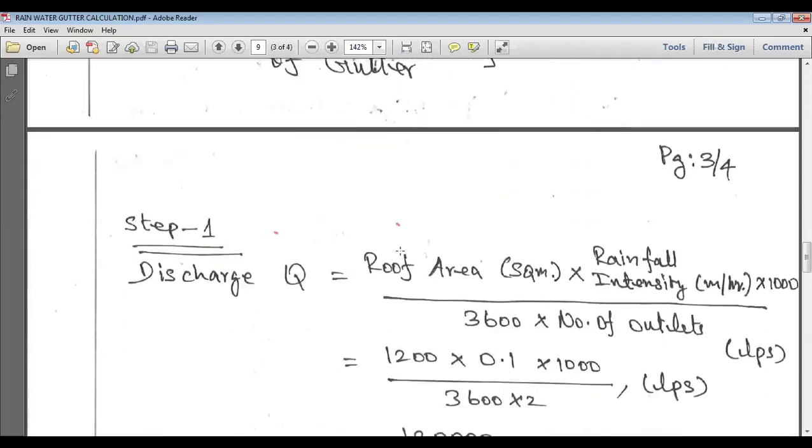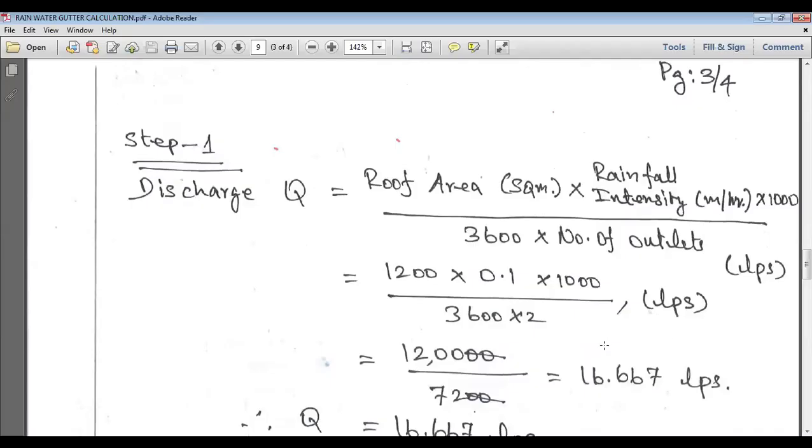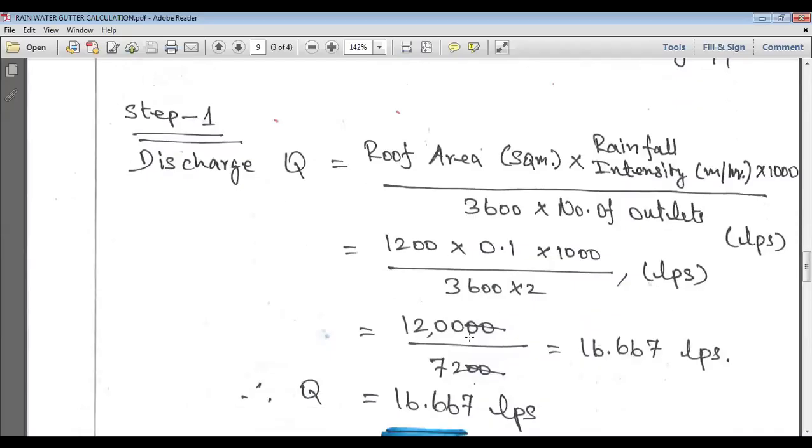Step 1: calculate the discharge Q equals roof area in square meters, into rainfall intensity in meters per hour, into 1000 divided by 3600, into number of outlets, then we get LPS. So 1200 is our area, intensity of rainfall 0.1, into 1000 divided by 3600, into 2 outlets. We get 16.667 LPS.